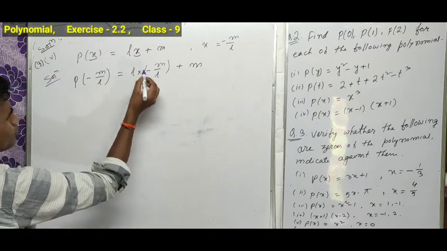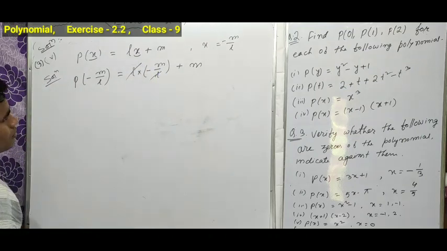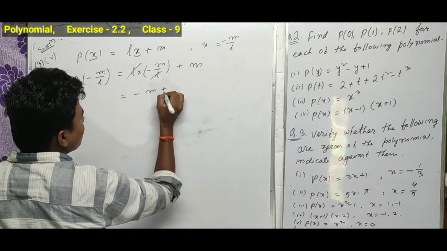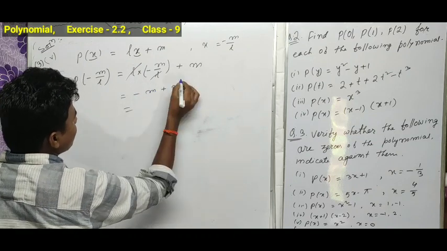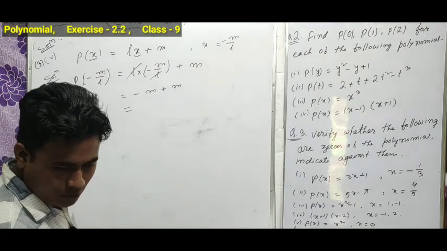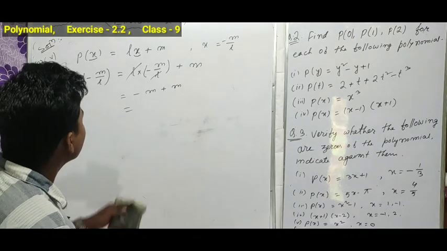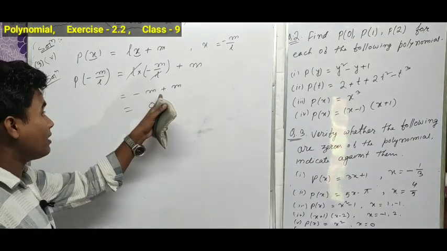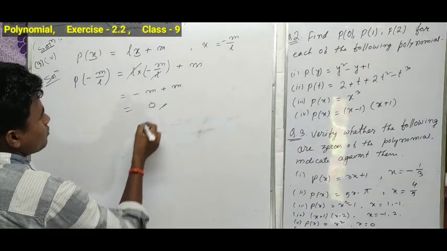So you can see this is plus l and this is also l, we can cut, and what is left? Minus m, and there is plus m. This is m and this is also m, same value, so we can write it as 0.